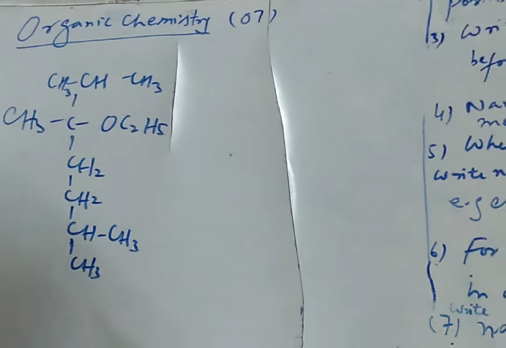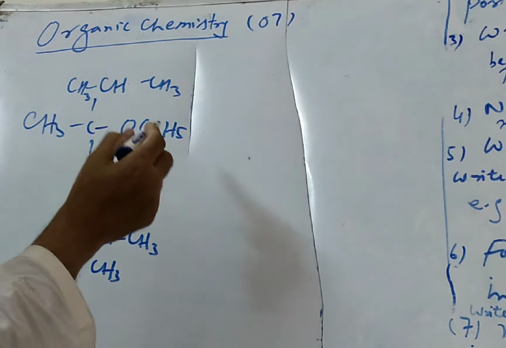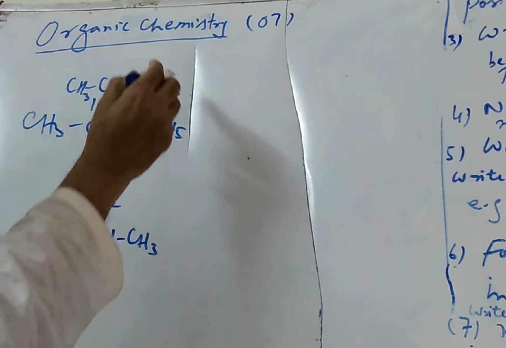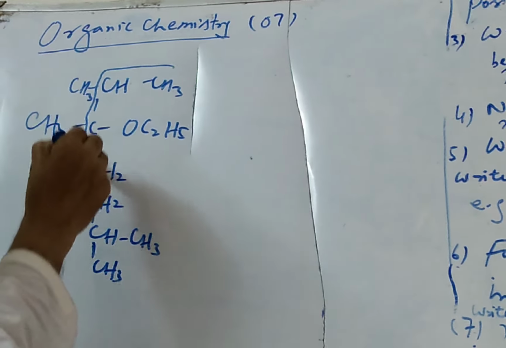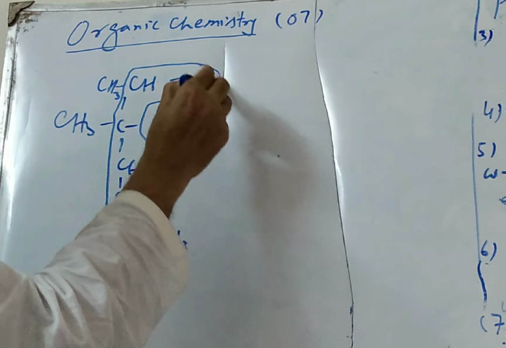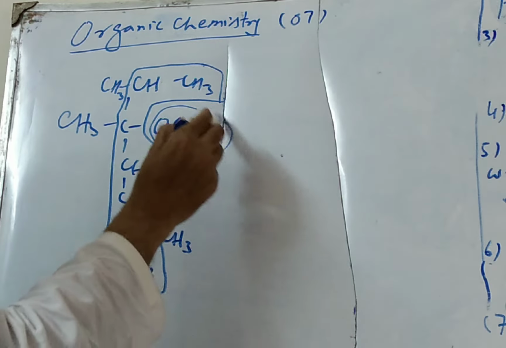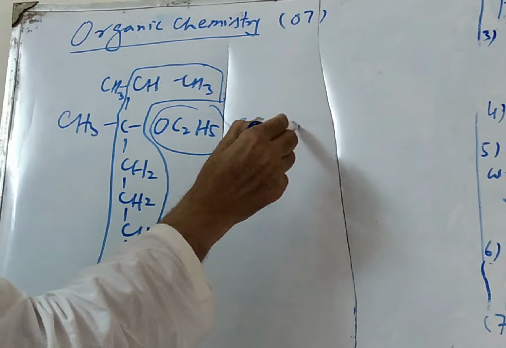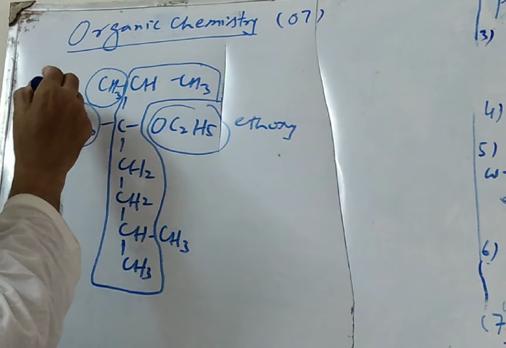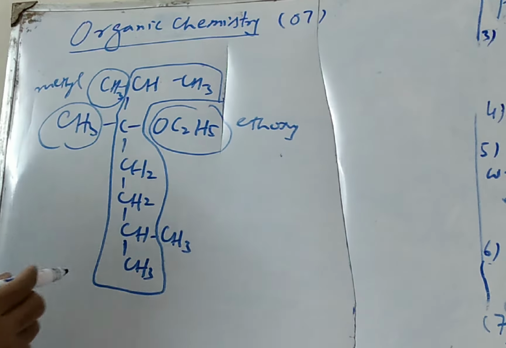Now this is the compound. Now consider the longest chain 1, 2, 3, 4, 5, 6, 7. So this is the longest chain. This is the ethoxy, and this is the methyl, and again this is the methyl. Both are the methyl.